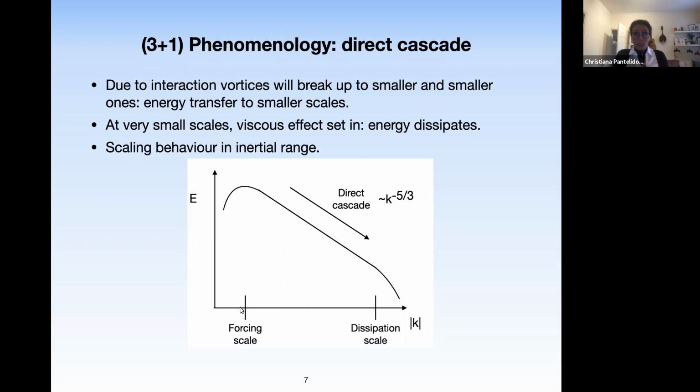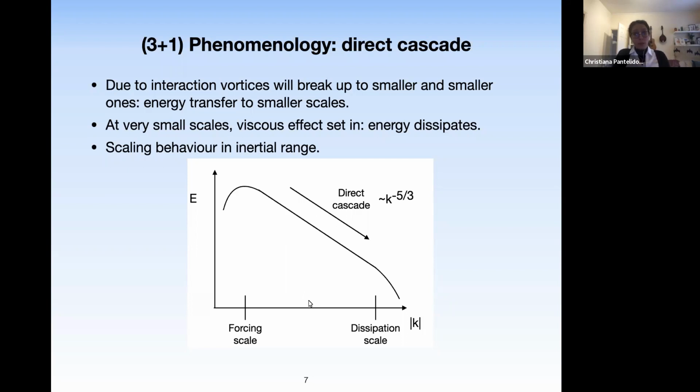So we have a transfer of energy from large scales, the big vortices, to smaller and smaller ones. In terms of momentum, we have transfer of energy from small k to larger k. So energy is moving from left to right on this plot.